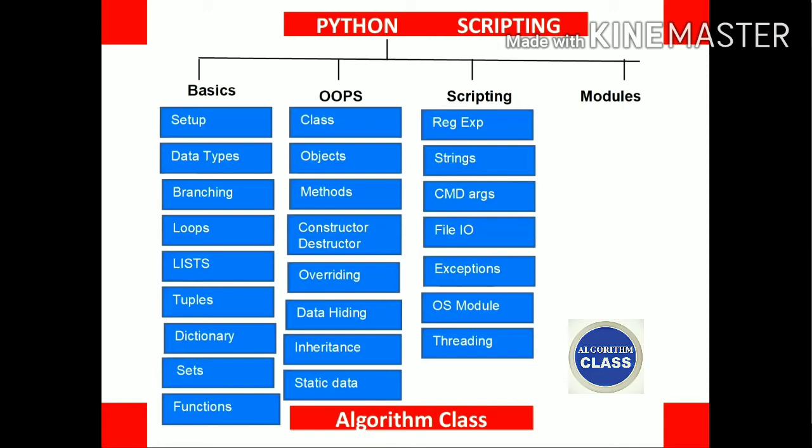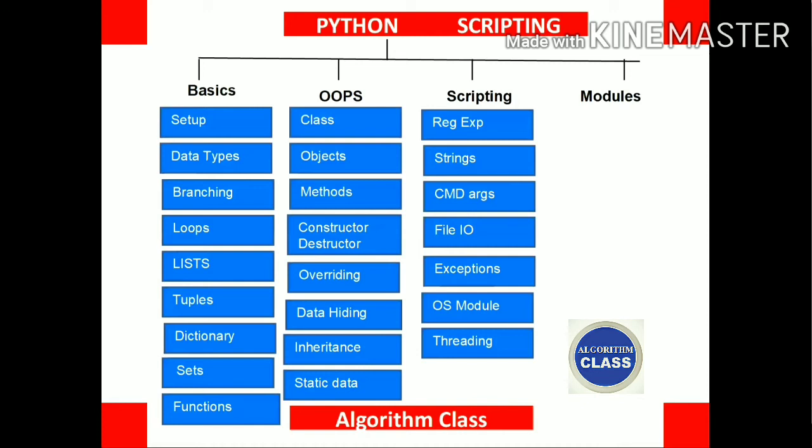Related to that, we have a few features like regular expressions, strings, and the important thing, file IO: how to open the file, how to read the line, how to extract the fields you are interested in from that line. Further, we have a few topics in scripting. We will have a basic introduction to the OS module.